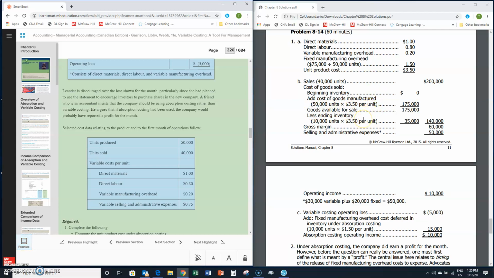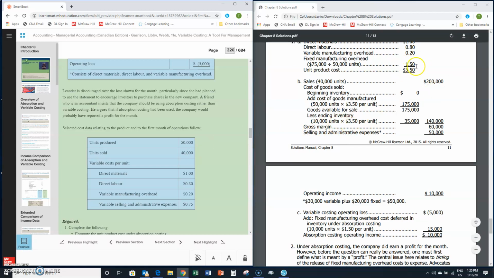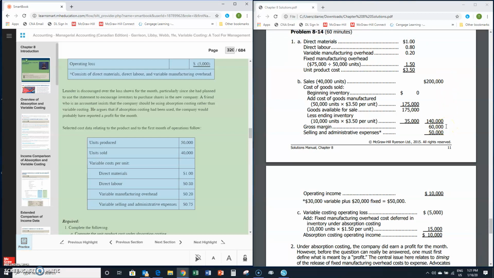Then we have to subtract our ending inventory. So 50,000 units were produced, 40,000 units were sold. That means we have 10,000 in inventory. So 10,000 units times the $3.50 that we calculated as our unit cost, 35,000. If you take the 175, subtract the 35, our cost of goods sold is 140,000. So we subtract that cost of goods sold from our sales to get our gross margin of 60,000.